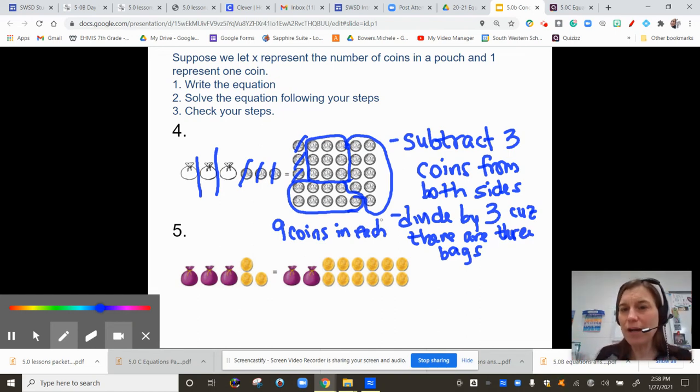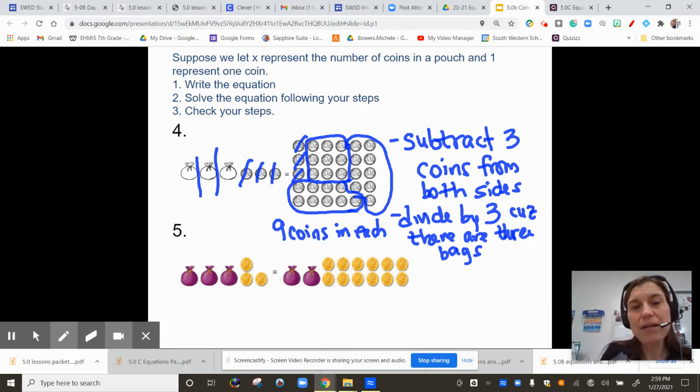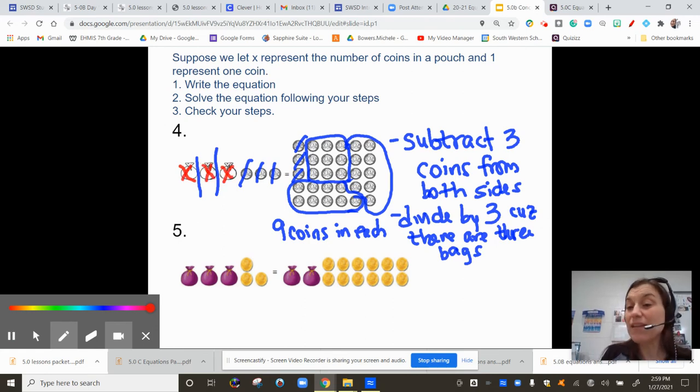This set of directions that you've given yourself, you're going to follow those directions symbolically and be able to solve these equations symbolically. So that's when it really gets to be special. So this equation that we have here, this picture, can be represented with the equation, and I'll show you the equation, but I'm going to use X to represent the number of coins in each of these pouches because they're the same.